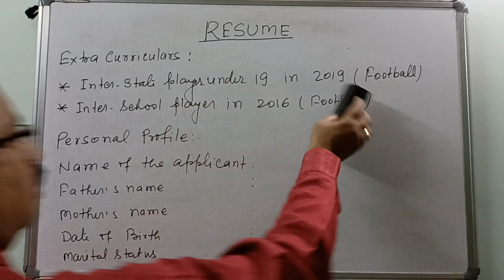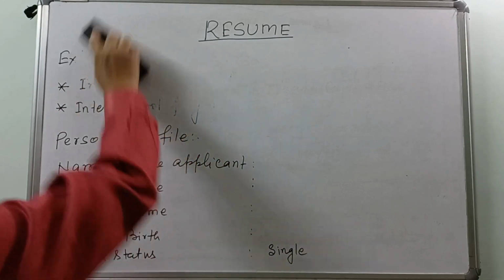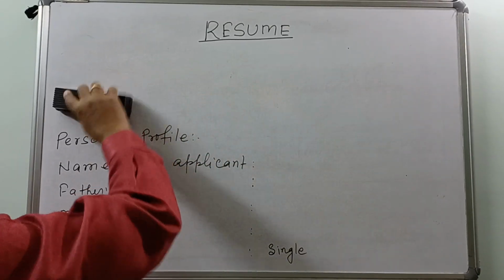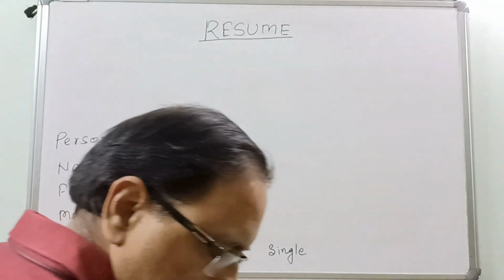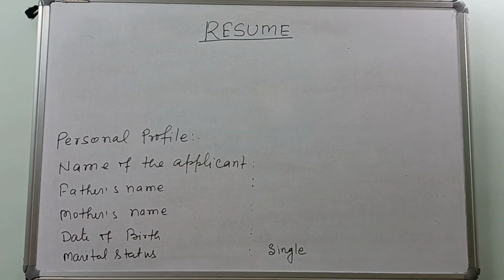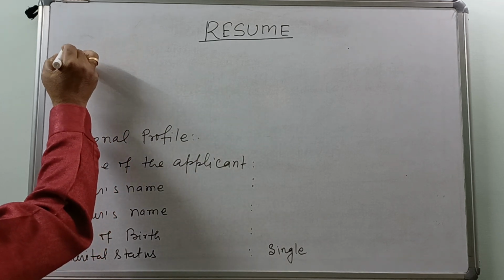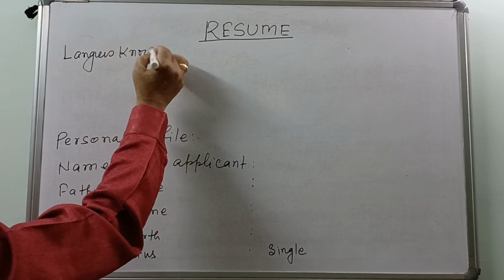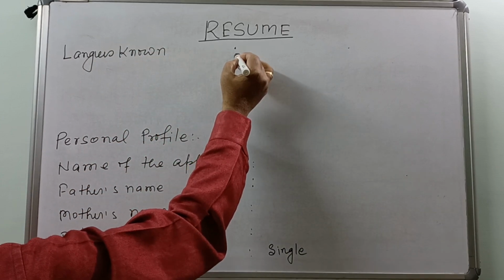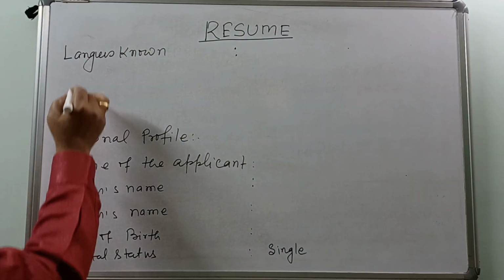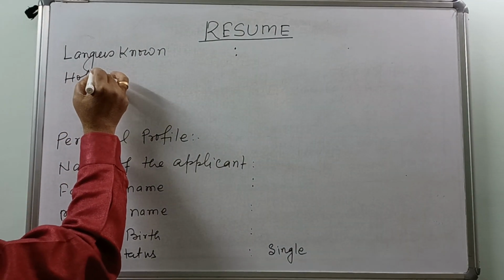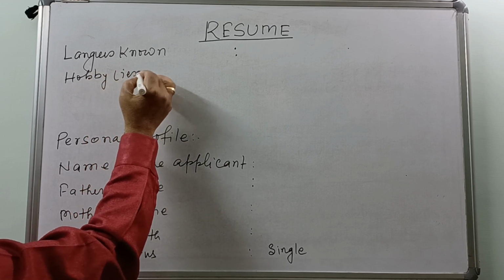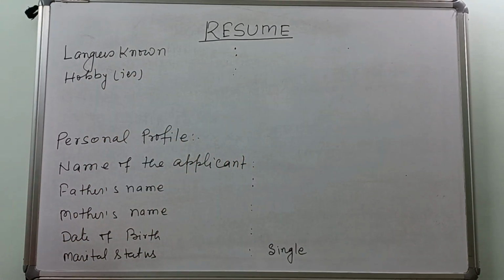So I have to rub this part. So here you will find that we are completing the entry of the personal profile, and so after the marital status you may write languages known, but your entry should be from here. Your hobby or hobbies, whatever you want to mention, okay.